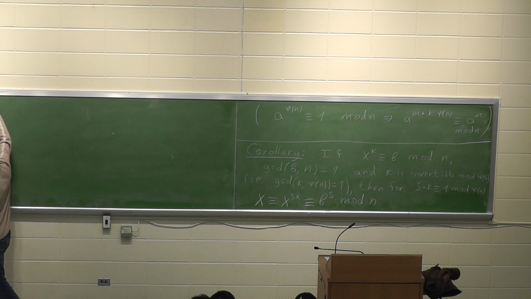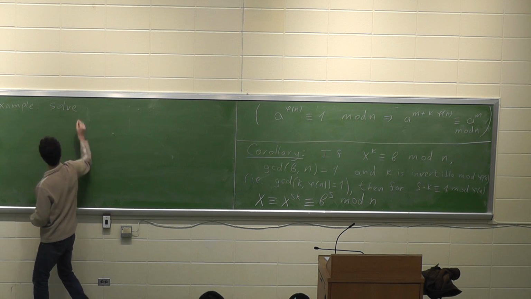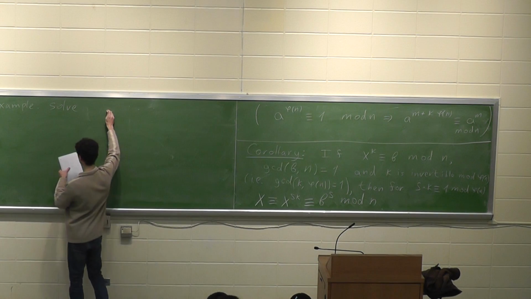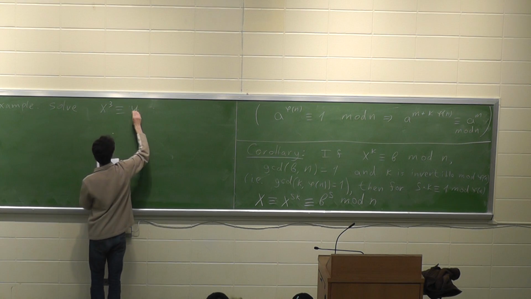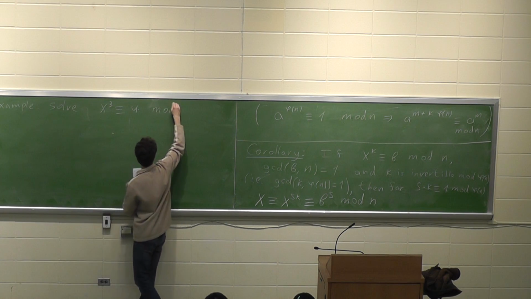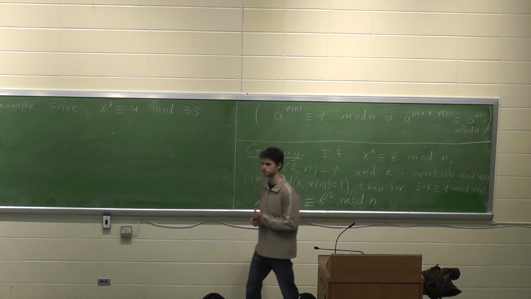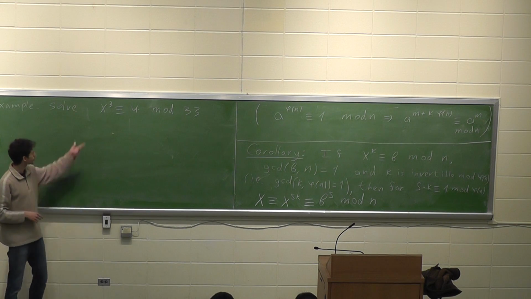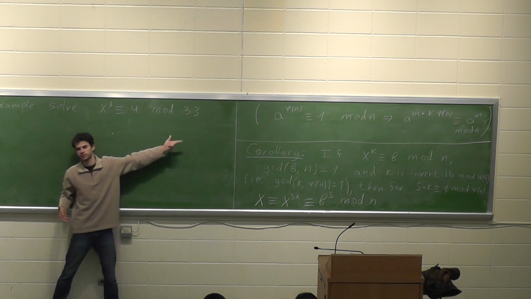So let me try an example. A congruence like this: x cubed is congruent to 4 modulo 33. Well, first of all, what is important when working modulo 33 is to know what phi of 33 is.